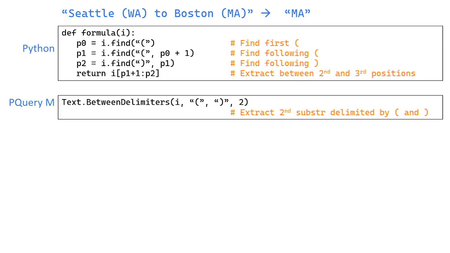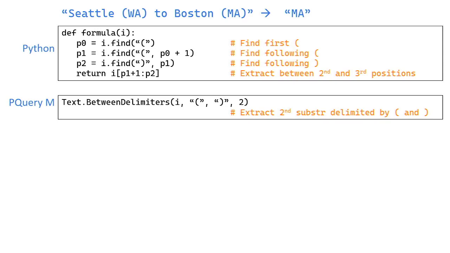Now, if you go to the Power Query M language, this task is common enough that there is a Text.BetweenDelimiters function, taking the starting delimiter, the terminating delimiter, and the instance of the substring you want to extract. So if you write this code in M, it's not idiomatic.